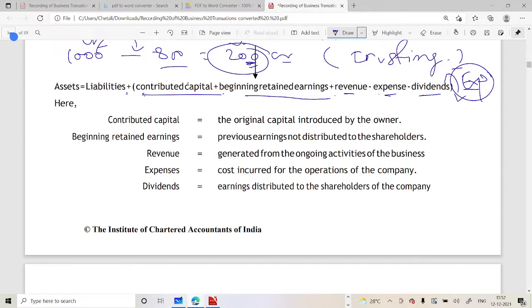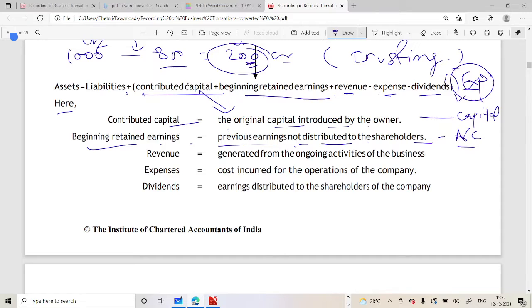ओके, keep one thing in mind here. So contributed capital, the original capital introduced by the owner, this is important. So we'll have one capital account as well. Then the beginning retained earning, previous earnings not distributed to the shareholders.